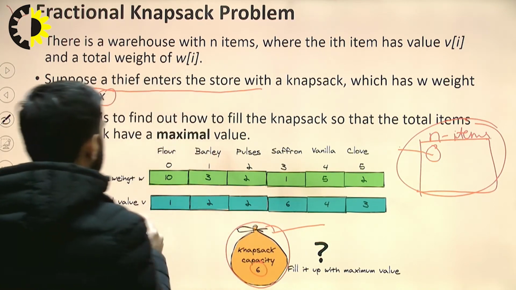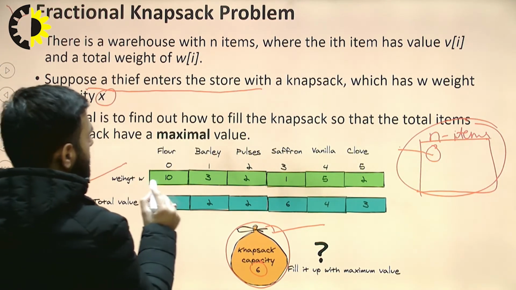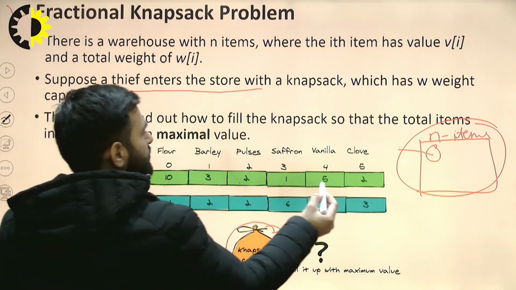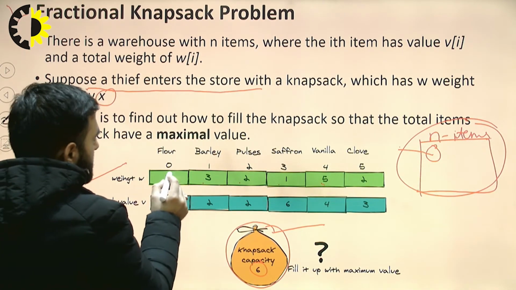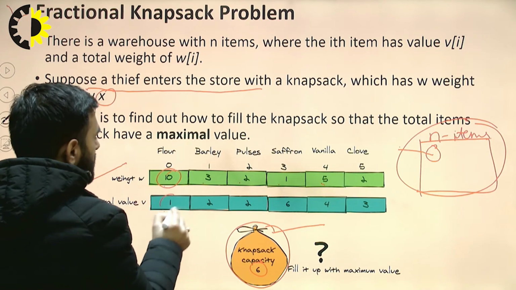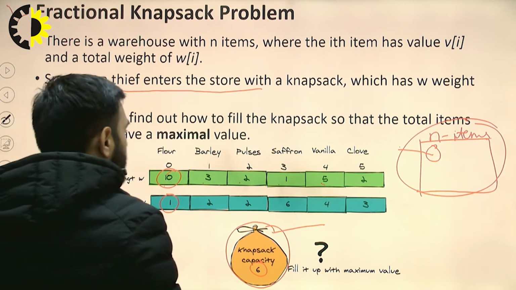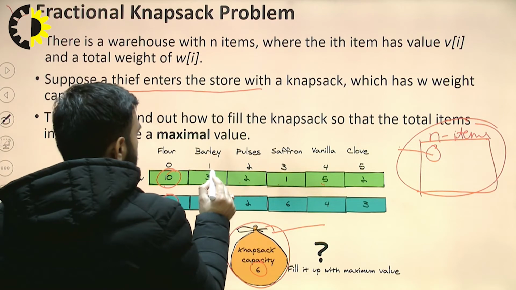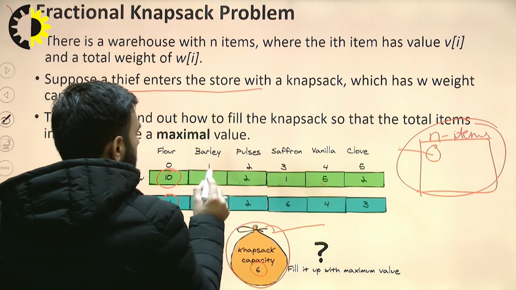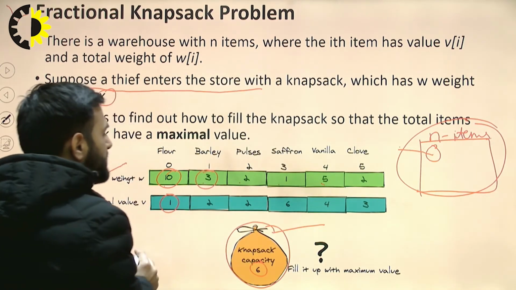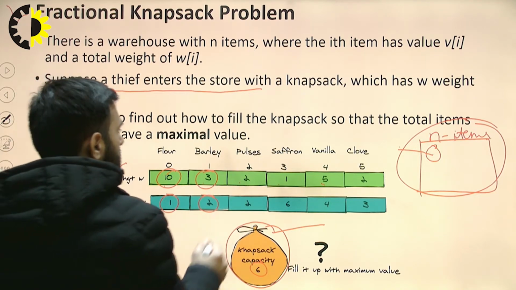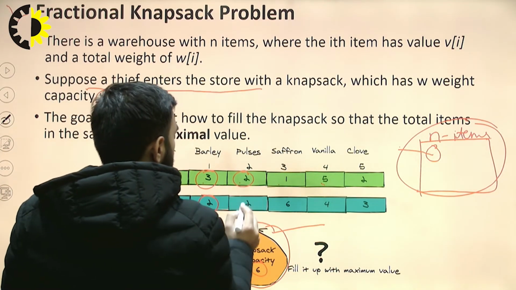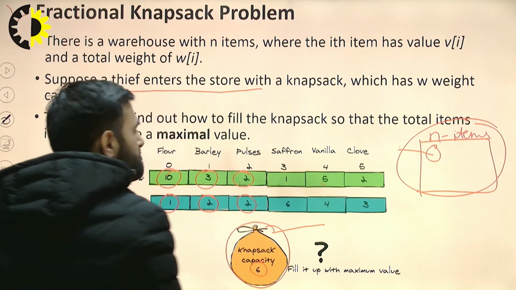So we have been given these weights 10, 3, 2, 1, 5, 2 and the values. Suppose I select this particular item with weight 10, giving me the value of 1. If I select the item number 1, barley, of weight 3, it will give me a value 2. Pulses, weight 2, giving me the value of 2.